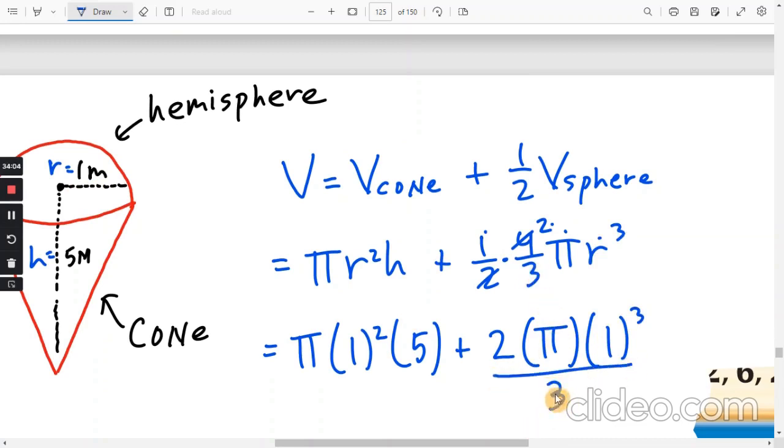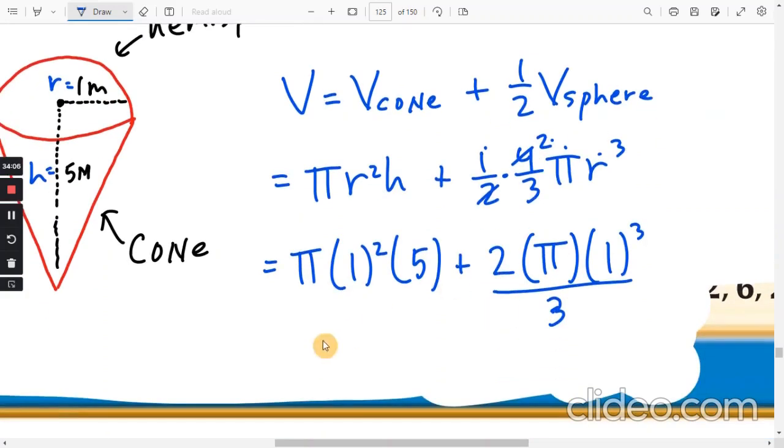All right, so I'm going to let the calculator do all the work this time. I'm not going to do it in terms of pi. I'm just going to type pi times 1 squared times 5, and I'm going to hit equals, and then I'm going to do plus 2 times pi times 1 to the 3rd, or just 1, divided by 3.